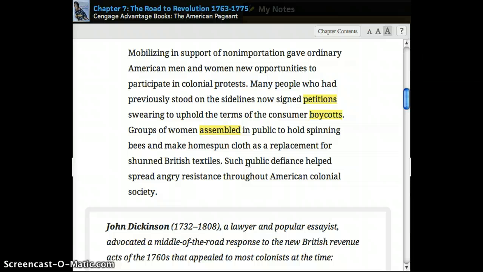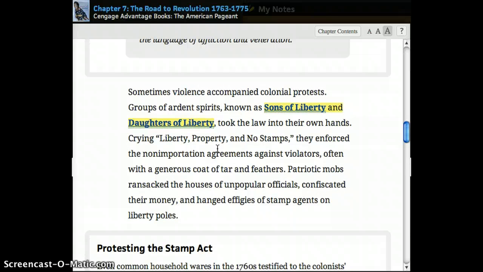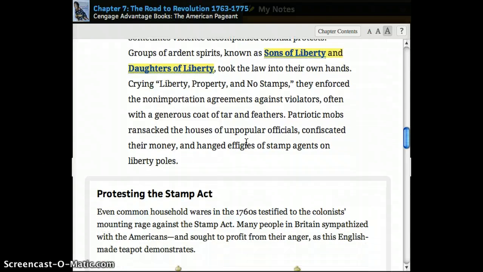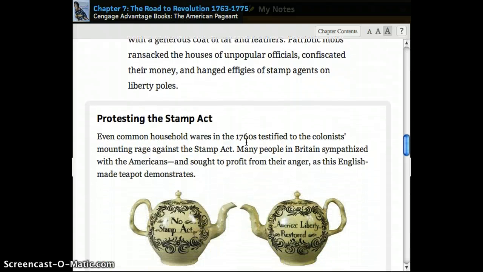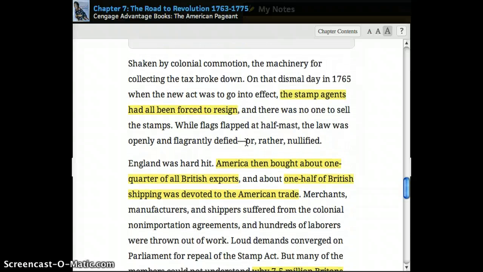The basic point that I'm trying to get across here is that there was no real precedent for this level of social mobilization: the petitions, the boycotts, the assemblies, the protests, the formation of the Sons of Liberty and the Daughters of Liberty, the violence against customs officials, the forcing of Stamp Act officials, stamp agents, to resign.